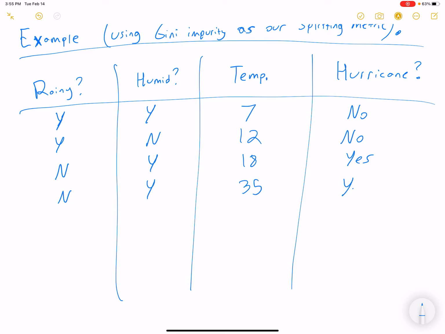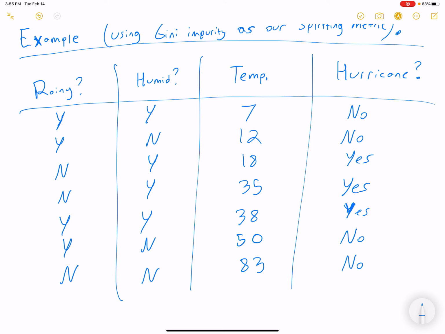Yes, yes, 38, is a hurricane. Yes, no, 50, not a hurricane. And finally, no, no, 83, not a hurricane. So that's our data set, and we want to find out what would be a good decision tree.